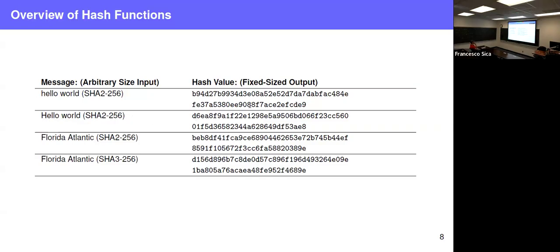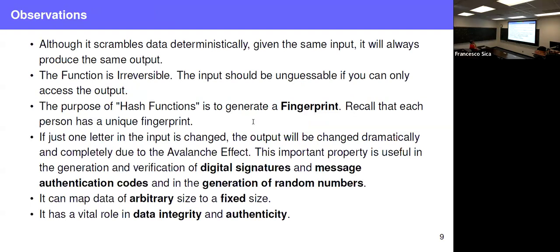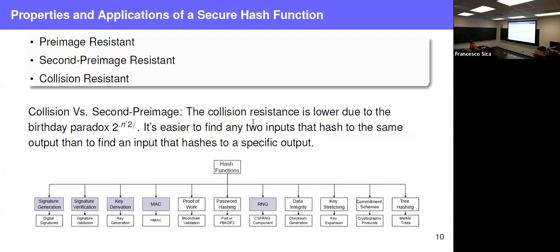The avalanche effect means a small input change causes a dramatic output change. The functions are also one way, which is a specific property of hash functions. You can't reverse the function at all.